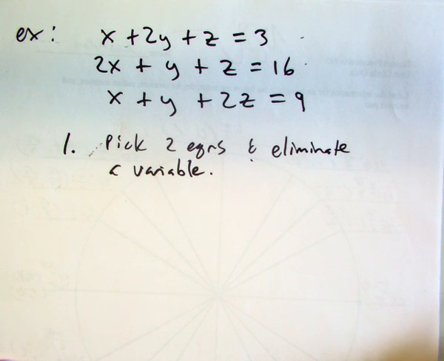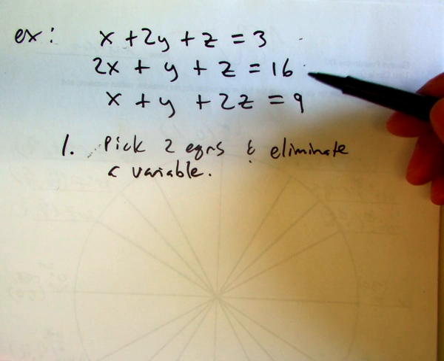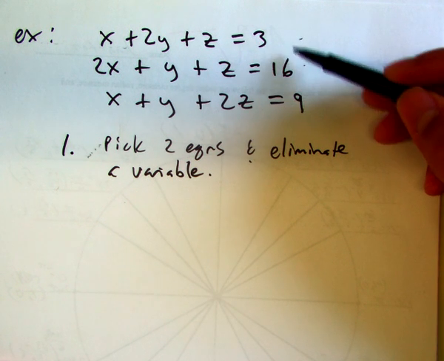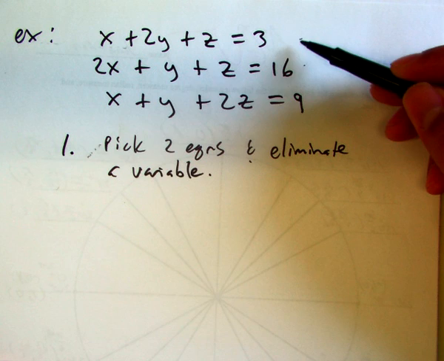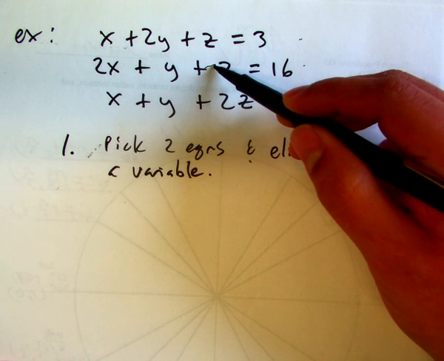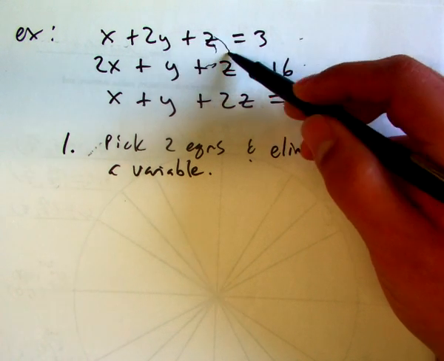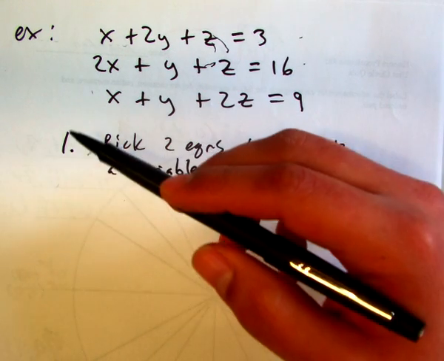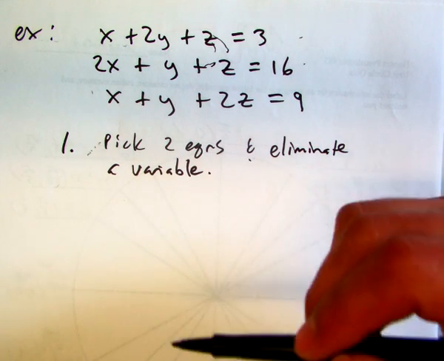So for instance, and we'll walk through all the stuff we're going to do and then actually do it, let's say I picked the first and second equation. What letter could I cancel out really easily? Z. Everybody see that? Subtract it out. You get the z's to cancel out. And you have an equation with what letters left? X and Y. Good.